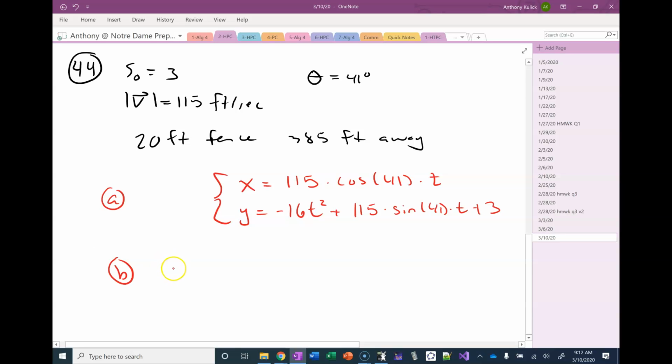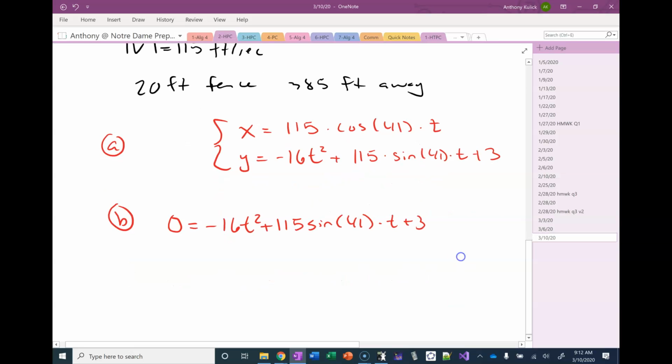The ball hitting the ground means its height would be 0. So that's a quadratic equation, and I'm going to solve it with the quadratic formula.